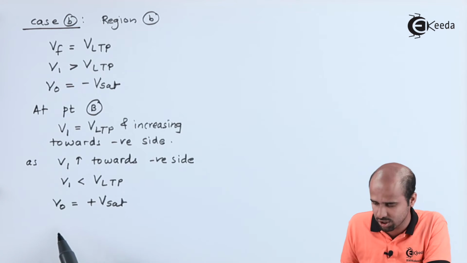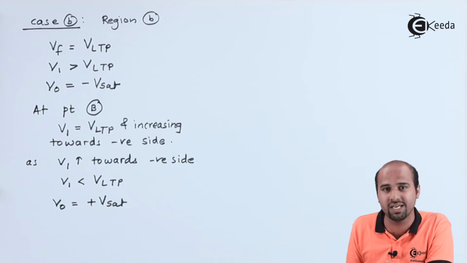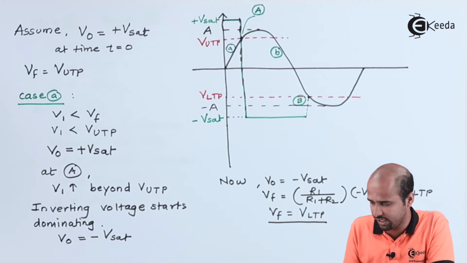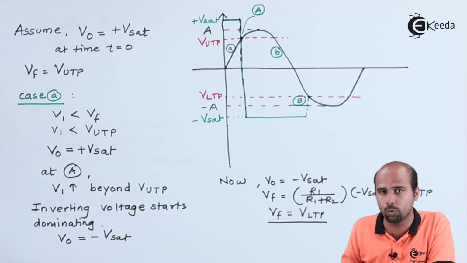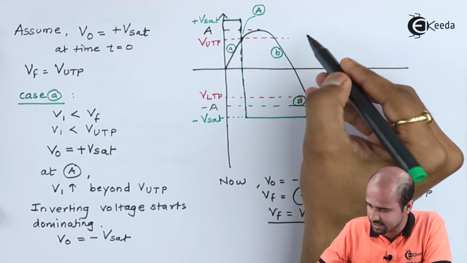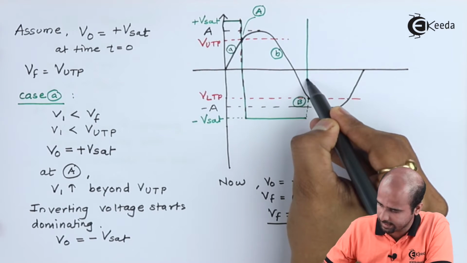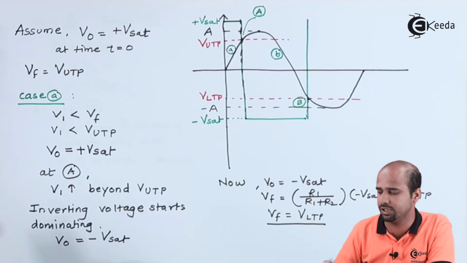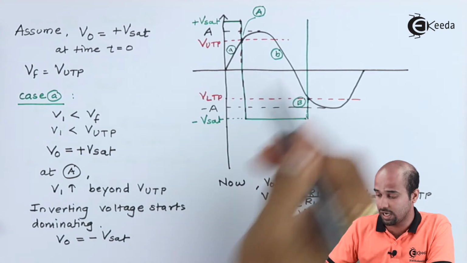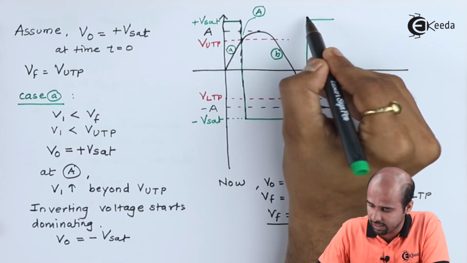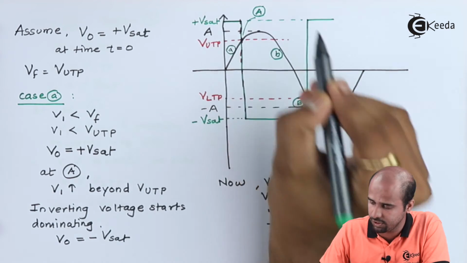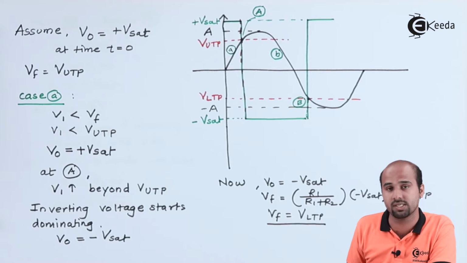Now there is a transition at point B from minus Vsat to plus Vsat. Are you all getting? Now I will change the value of the output voltage from minus Vsat to plus Vsat over here at exactly point B. So now at point B, my value of VO is nothing but plus Vsat.